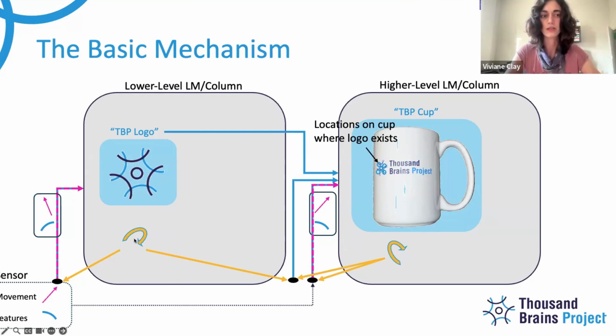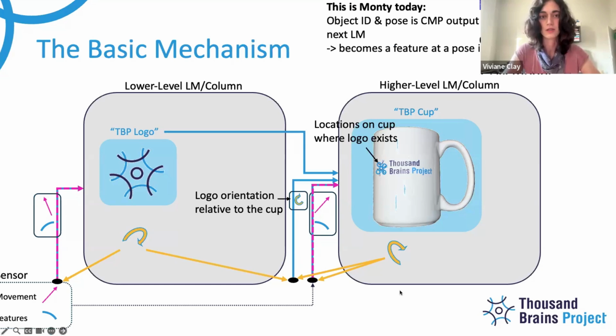So we can take the orientation of the logo and the orientation of the cup, calculate the relative orientation, and store that at these locations. Each of these points in the model of the cup would then store that at this location there is a logo feature, and that it also has a relative orientation. And this is in Monty today.